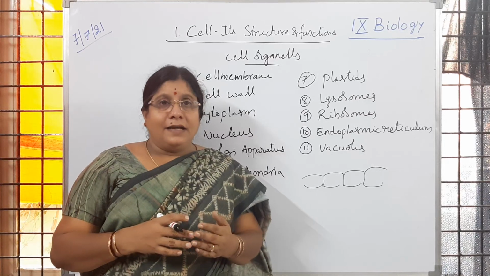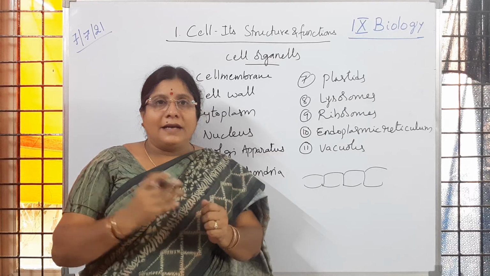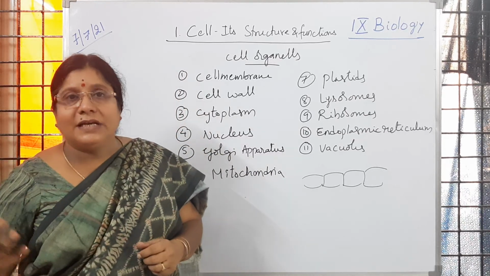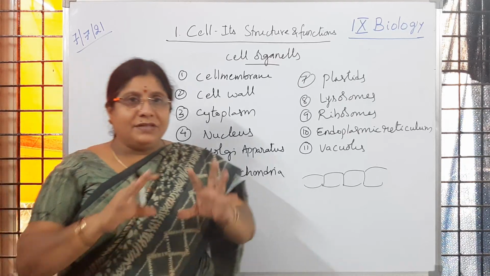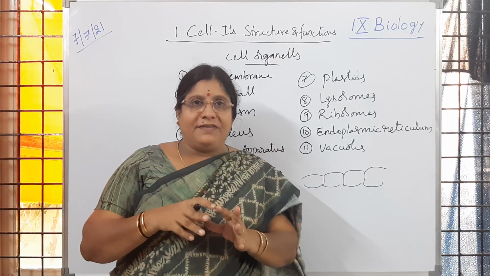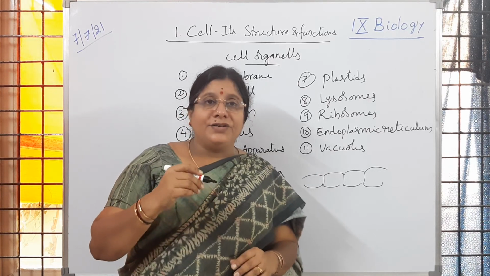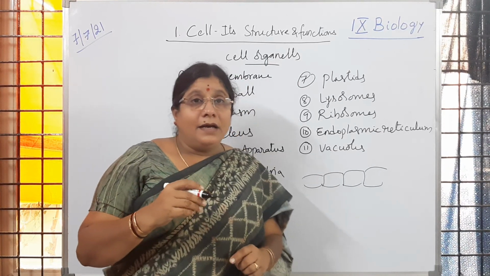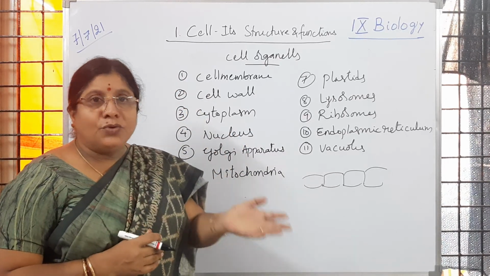Is it not, children? Some are longer. If you see a nerve cell, it is long, it looks like a tree with branches, dendrites and all. So you are observing different sizes, different shapes, length also, width also.